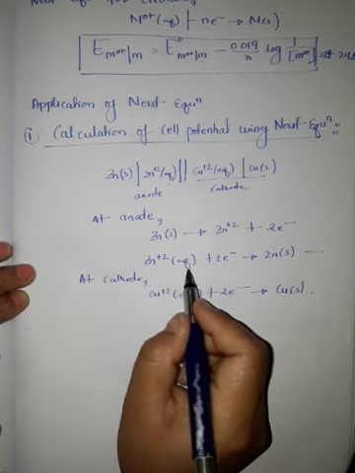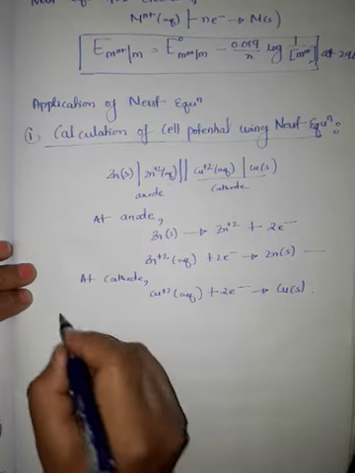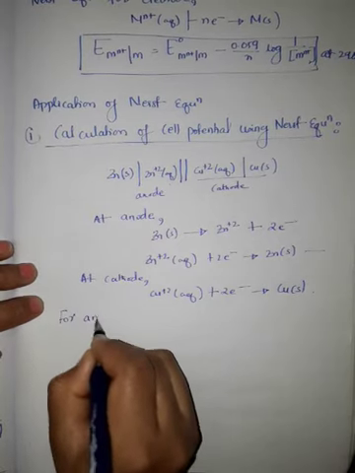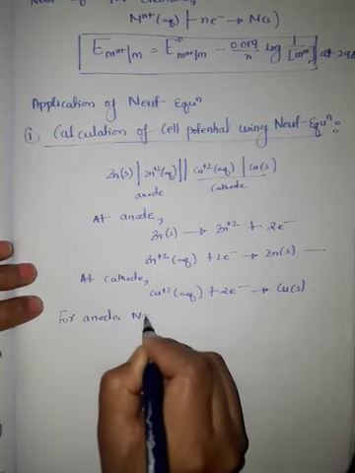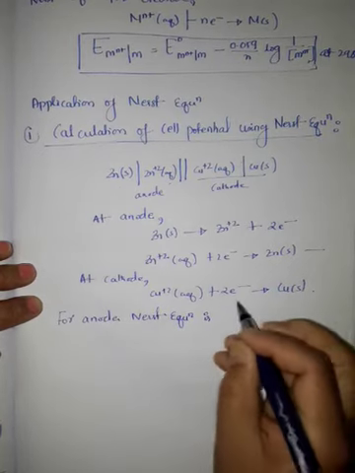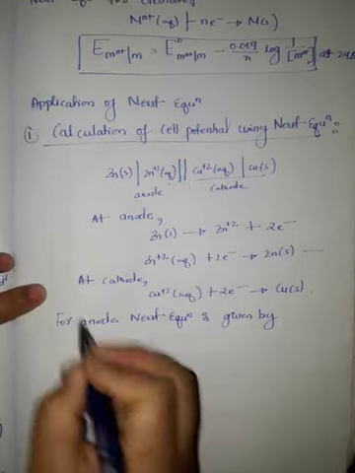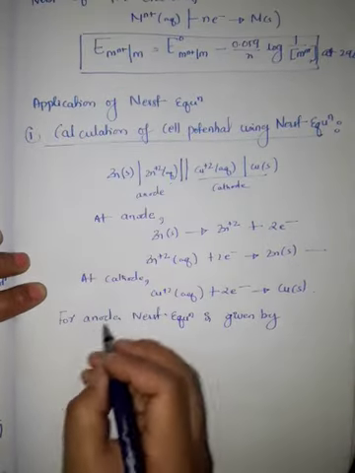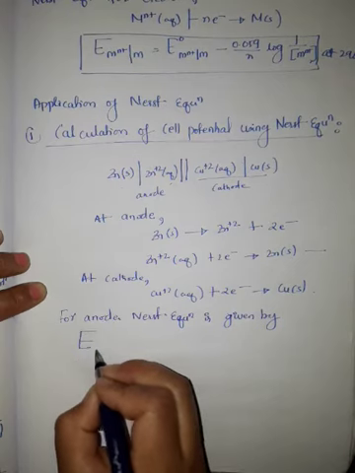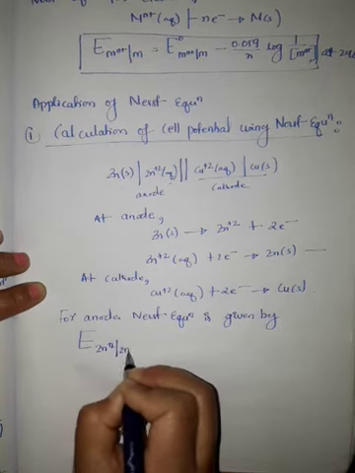Now what is the Nernst equation for the anode? Here is the Nernst equation for the electrode potential of the anode. The anode is the zinc electrode.